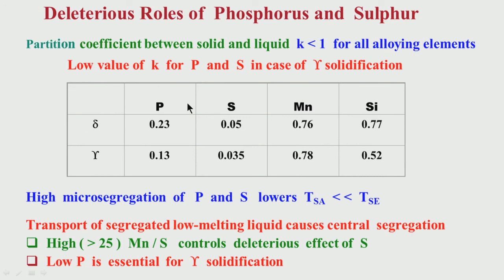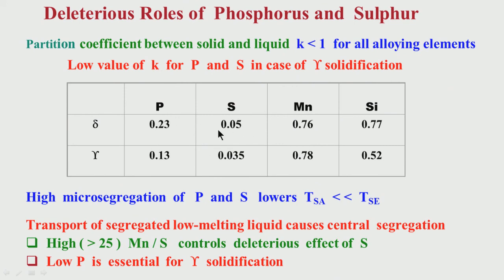Carbon also has low K values, but for carbon what happens is the back diffusivity Ds for carbon, for nitrogen, all these interstitial elements, is much higher, they diffuse fast. So, even if there is segregation during the stage of solidification, because of diffusion the level of segregation comes down, which does not happen for phosphorus and sulfur.